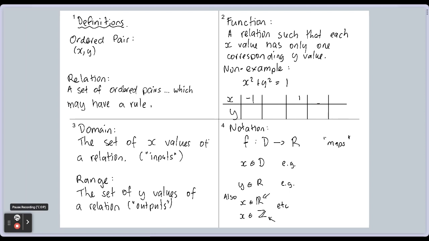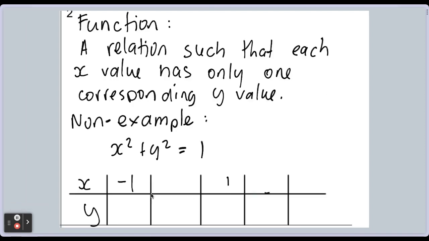Okay, so all functions are relations, but not all relations are functions. What makes a function is this idea here, that if I have an x value, it will only correspond to a single y value. If it corresponds to more than one y value, then it isn't a function.